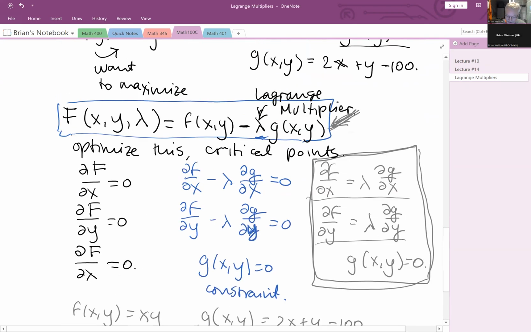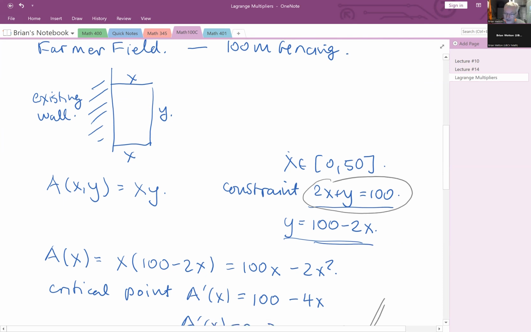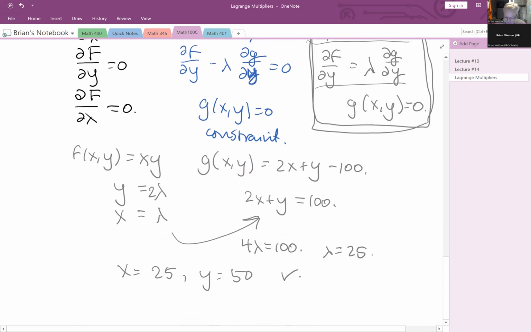But remember, this computation relied on us being able to eliminate one of the variables from the constraint. And of course, that's not always possible to do for some curve that you could write down in space that is the constraining curve for where the function values are allowed to be considered. You may not be able to find a way to eliminate one of the variables to get a function of one variable. And so this is a more general form.